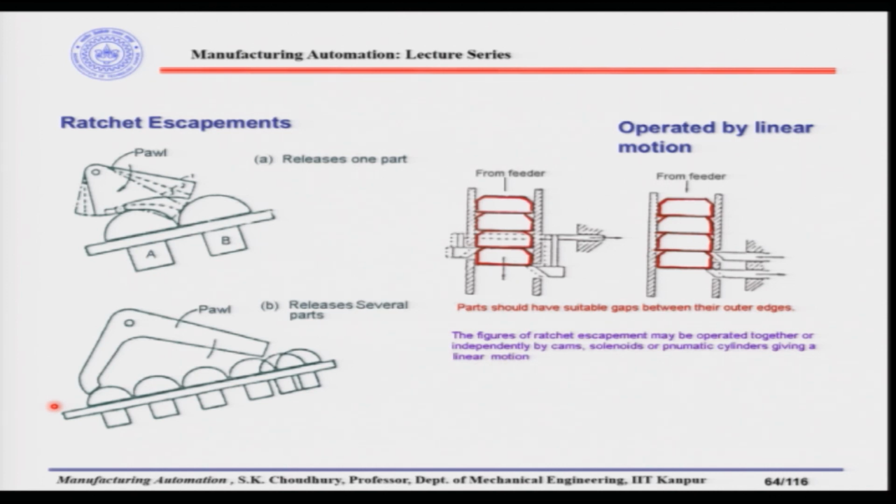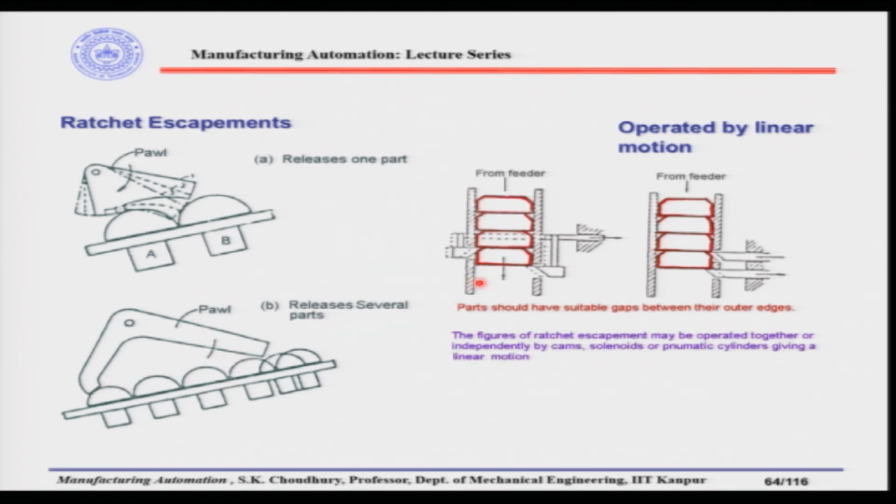So, if more than one part is required for the assembly, such a pawl or ratchet escapement can be used. Here it is one by one, here it is more than one, and depending on the number of parts you can have the distance designed accordingly.